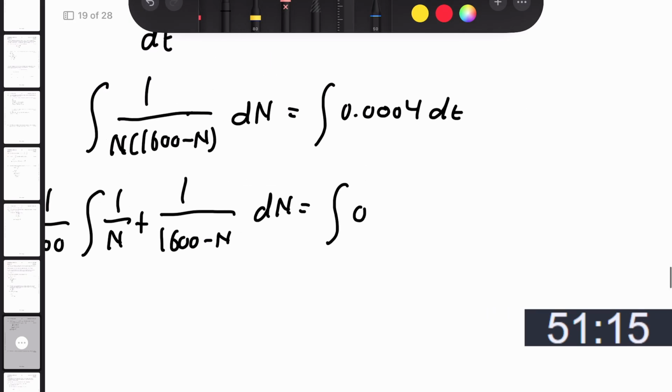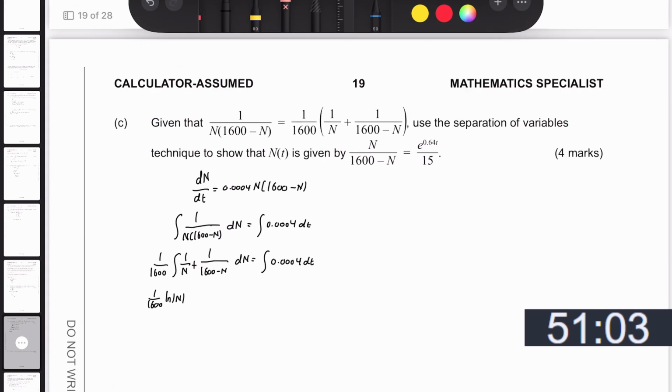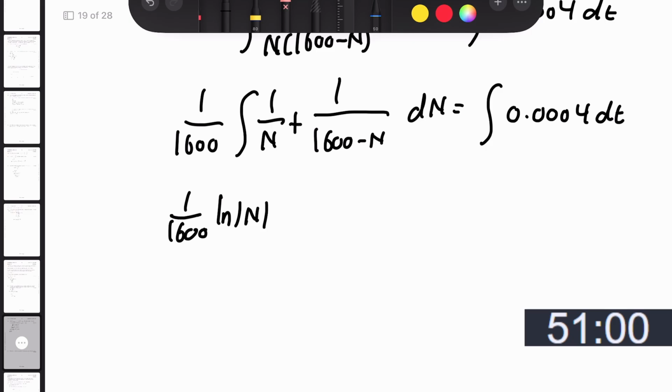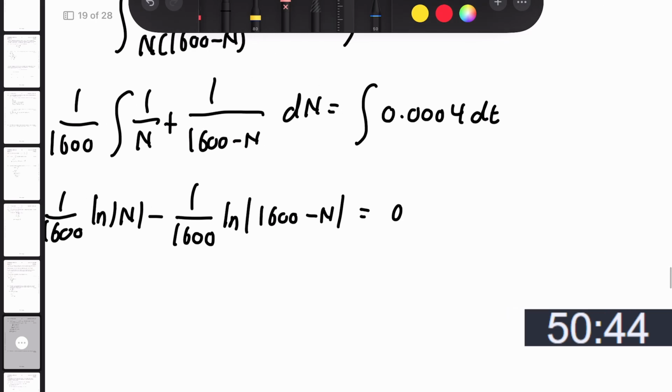It's going to equal 0.0004 dt. So then this is 1 on 1600 ln of n, and since there's a minus here, minus 1 on 1600 ln of 1600 minus n, with absolute values. And this is going to equal 0.0004 t.